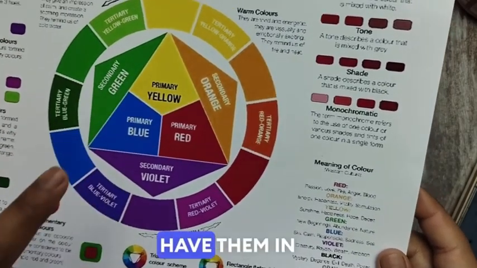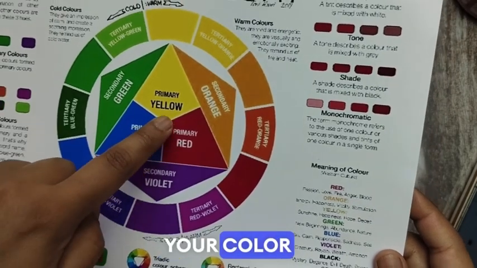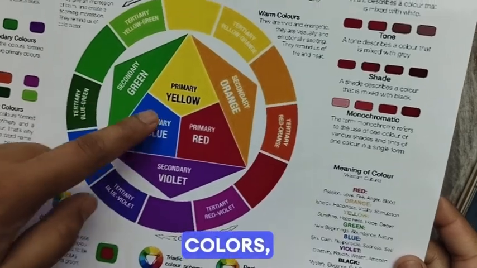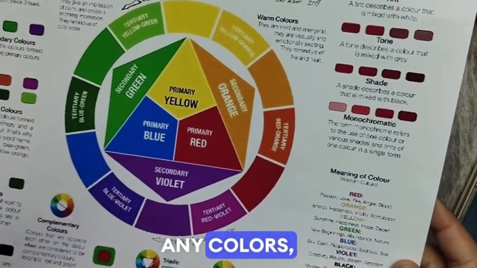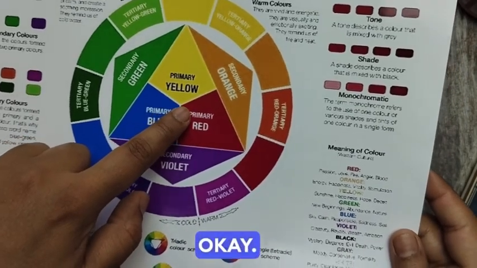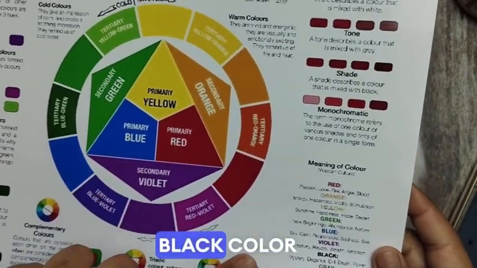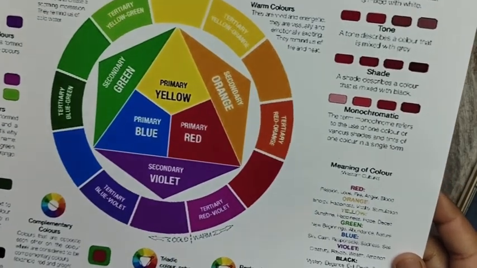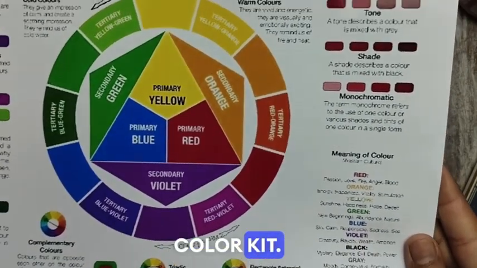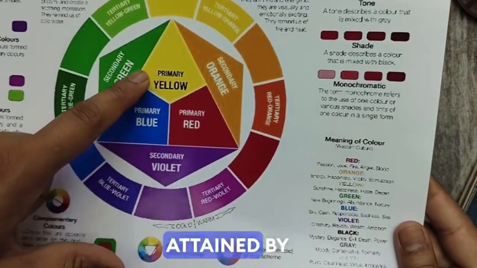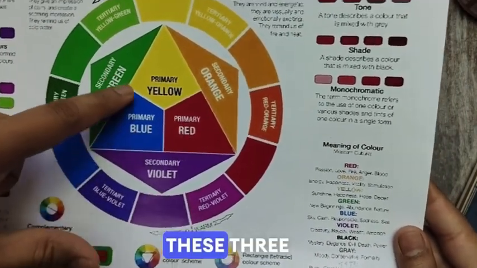You should have them in your color palette or in your kit. Okay, if you have acrylic colors, oil colors, any colors, these three colors should be there in your kit. Also white color and black color with them. So these five colors are very important for you to have in your color kit. All other colors can be attained by mixing only these three colors.